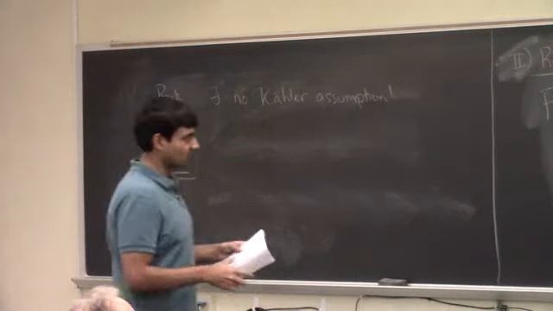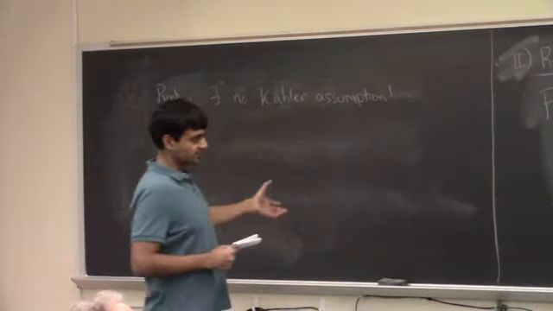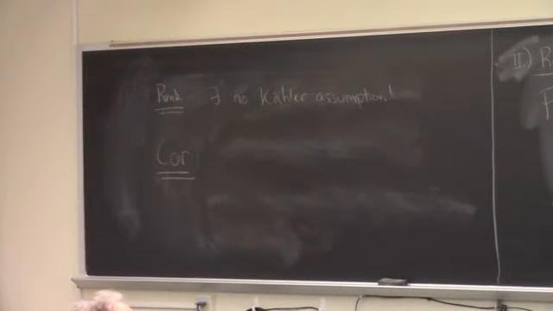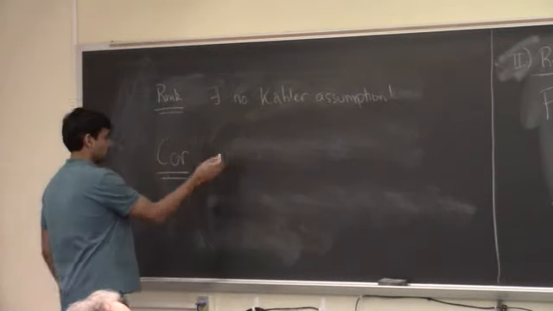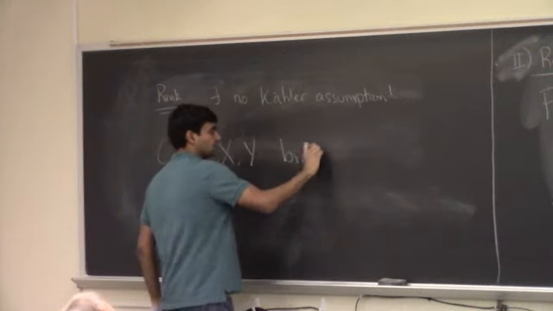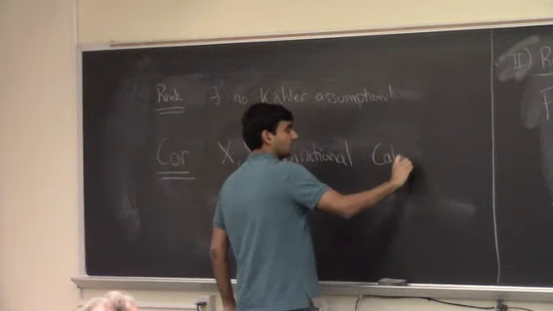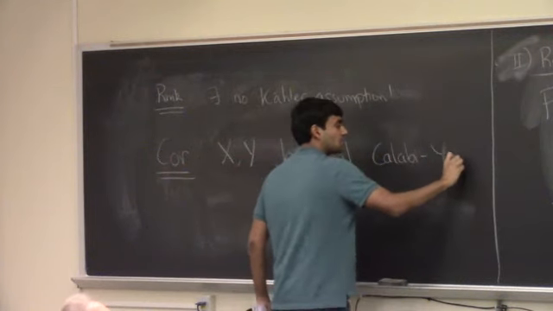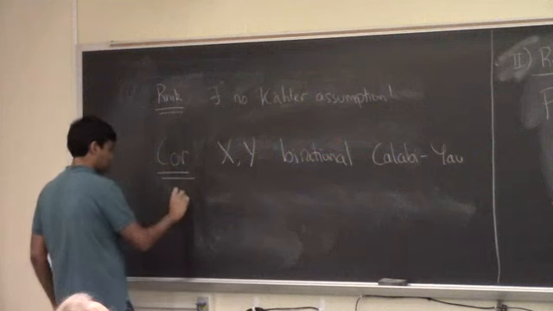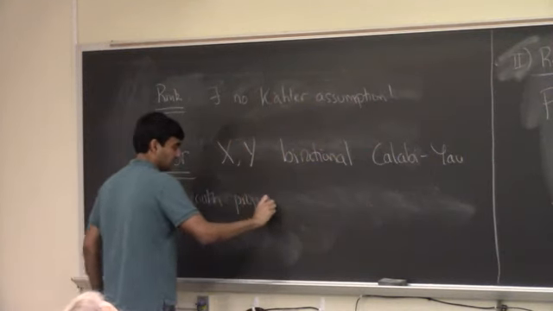Okay, but I want to mention one corollary, which maybe people find interesting, even if you don't care a priori about the p-adic numbers. This is a consequence over the complex numbers you can deduce from knowing this theorem over here. So the corollary says the following. Let's say X and Y are birational Calabi-Yau smooth projective varieties over the complex numbers.